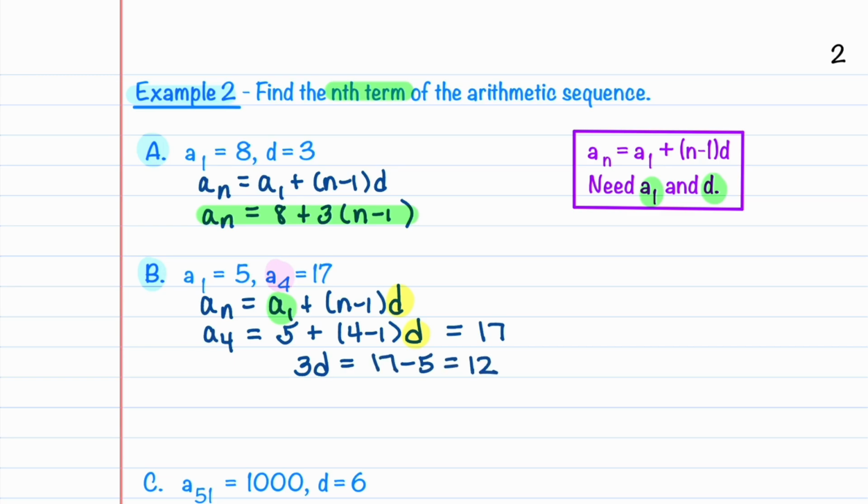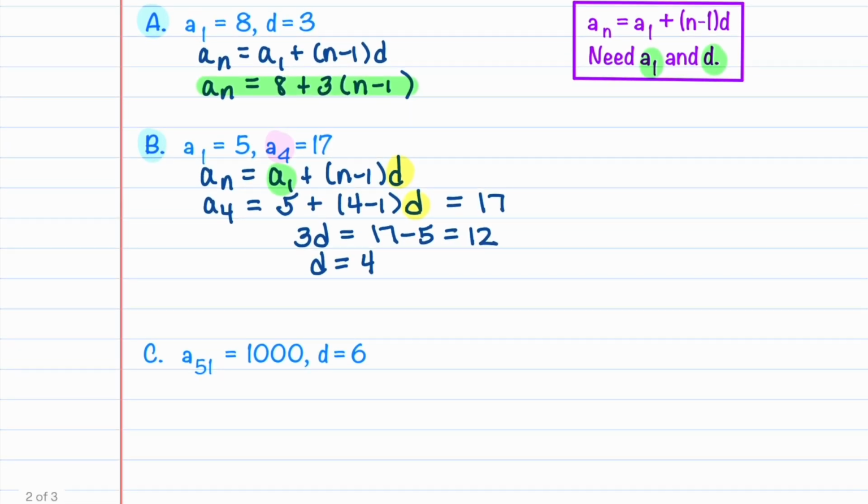Then we'll divide both sides by 3, and we get D is equal to 4. Now we can go ahead and write down our answer. A sub n is equal to A1, which is 5, plus D, which is 4, so we have 4 times n minus 1. And there is our nth term.